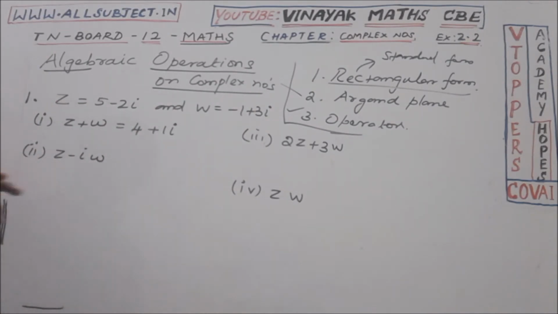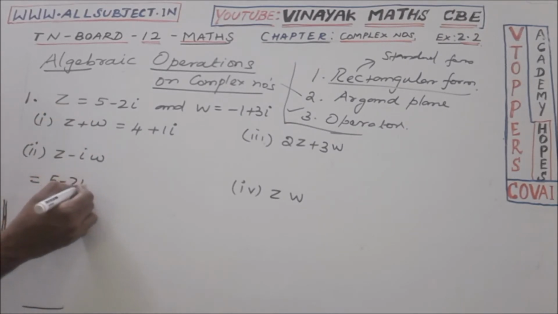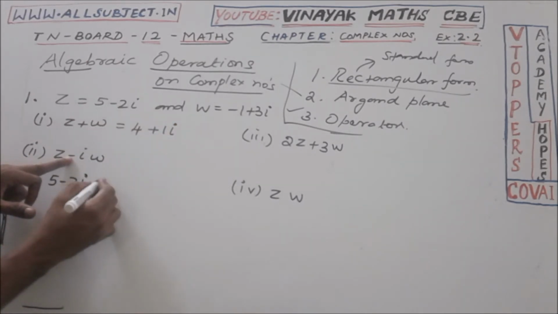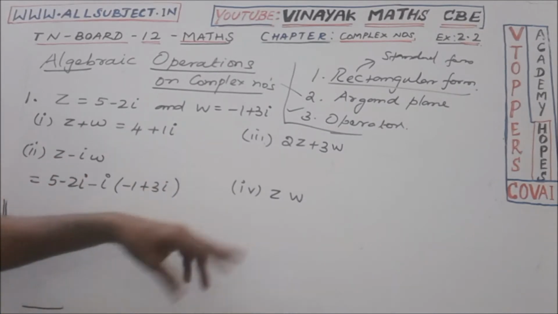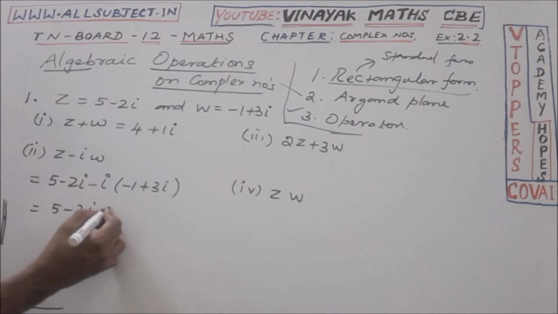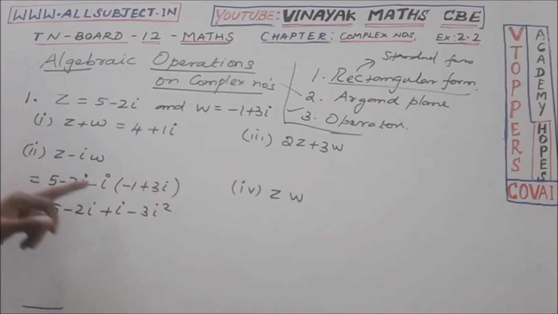Then moving to the second one, z minus iw. z is 5 minus 2i. Then multiply the second one by -i: -i into (-1 plus 3i). Multiply inside, we have 5 minus 2i plus i minus 3i square. -i into 3i is -3i square.